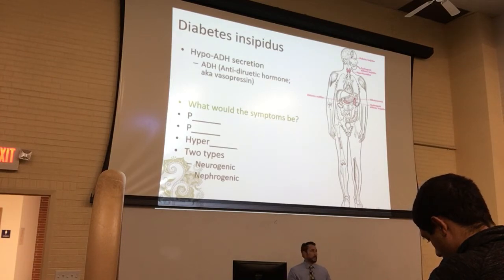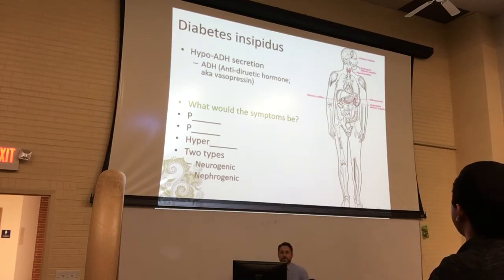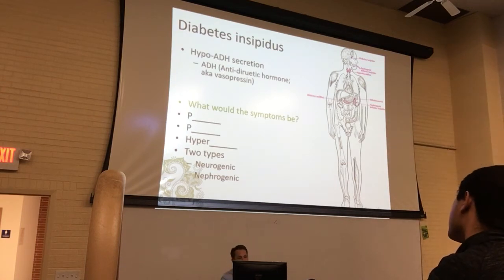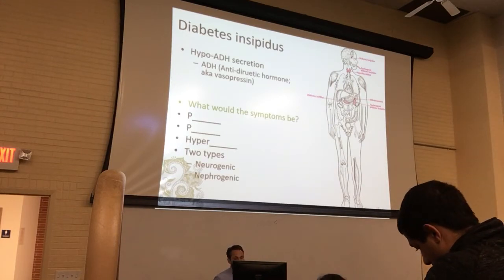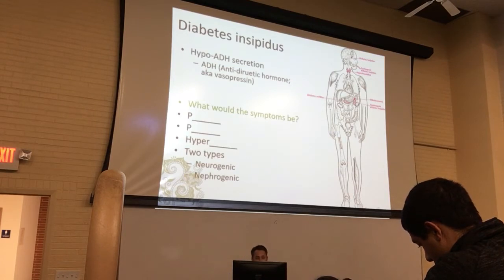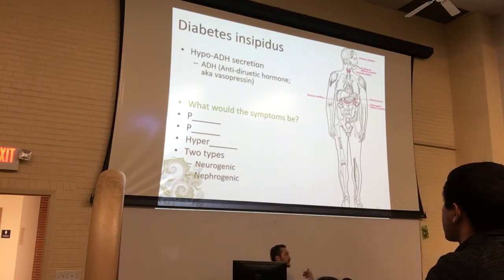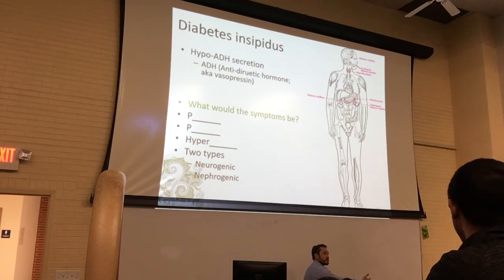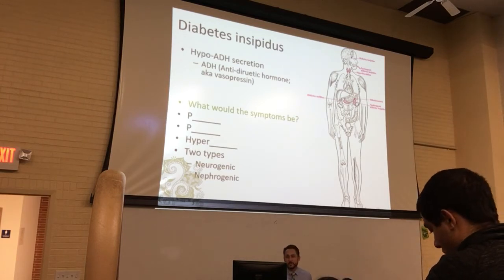You excrete it in the urine. So the symptoms of diabetes insipidus are polyuria, that's excessive urine, polydipsia, excessive thirst, and hypernatremia, that's elevated sodium in the blood. Because you've excreted a lot of your water, urinated it out, and so now you have too much sodium in the bloodstream. And I'll get your question in a second.